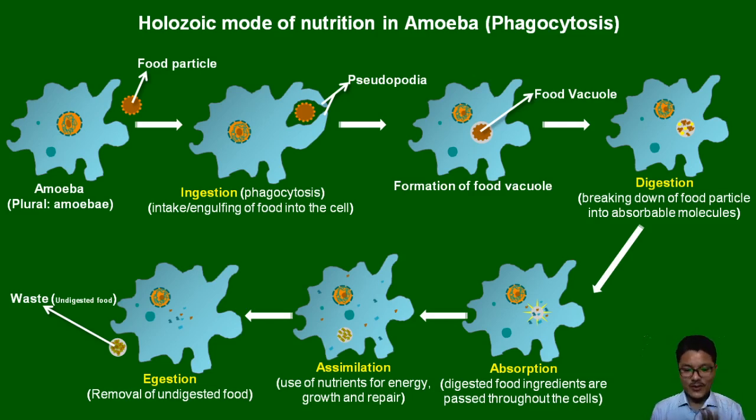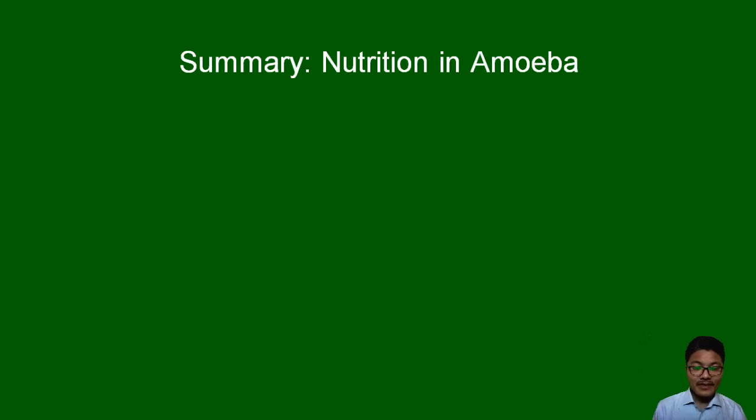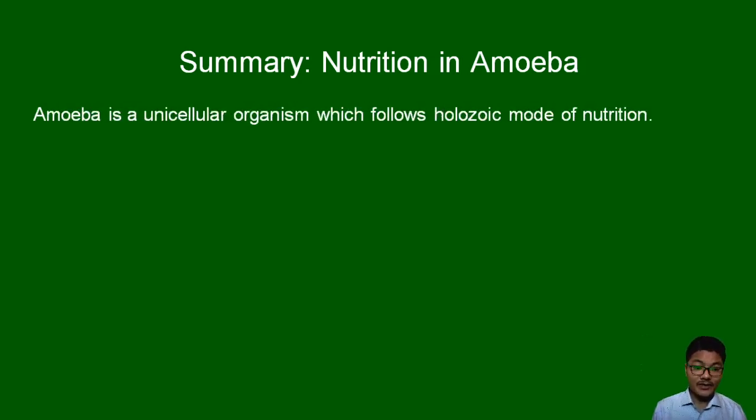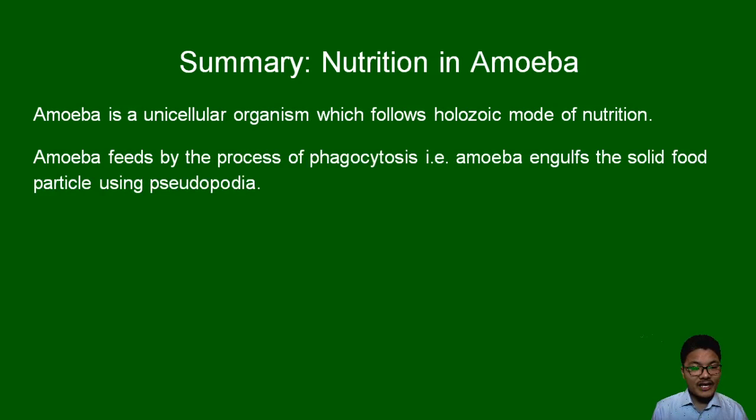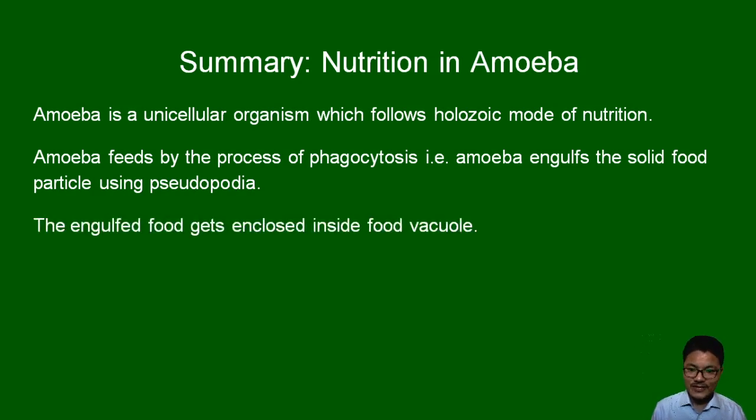Okay, so with this we have understood the holozoic mode of nutrition in amoeba. Now let's summarize all these steps. First, amoeba being a unicellular organism follows holozoic mode of nutrition. Second, it feeds by the process of phagocytosis. Amoeba engulfs the food particles using pseudopodia. This is for you to write down so that you will be able to remember the points properly.